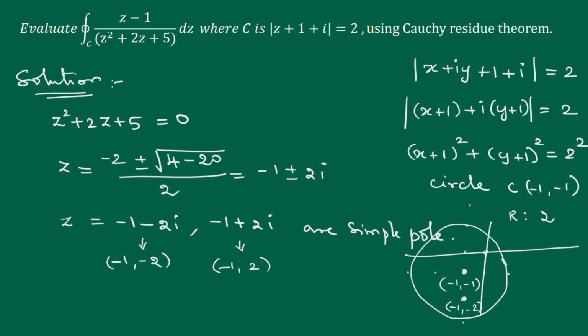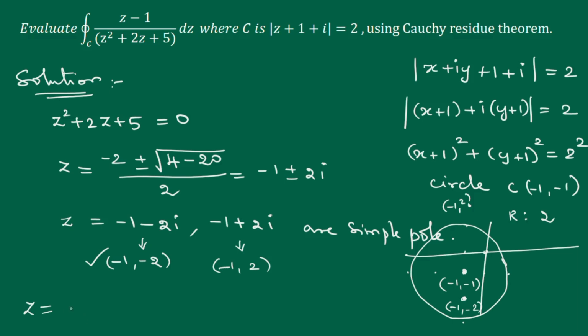So this is the point minus 1 comma plus 2. Of these two poles, only one pole lies inside, and the other pole lies outside. So here we can conclude that z equal to this alone lies inside, and this lies outside.